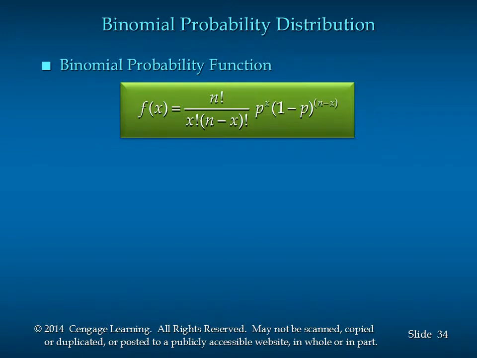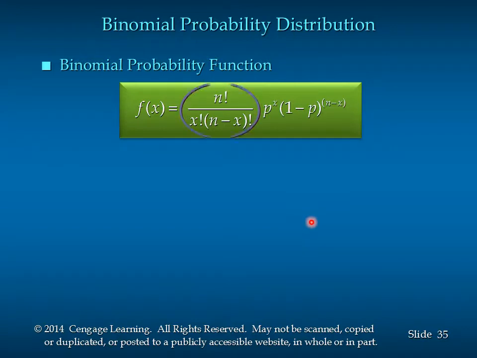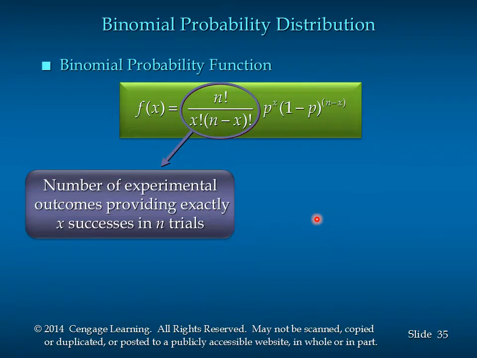And here is the handy-dandy formula for the binomial probability function, okay? And what you're going to see here is our old friend, the number of experimental outcomes.